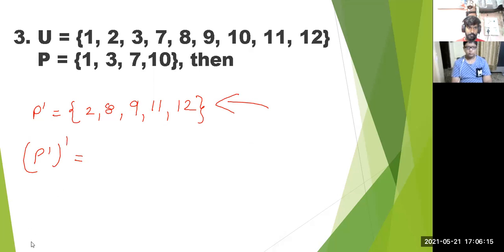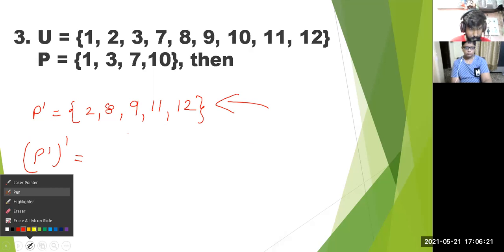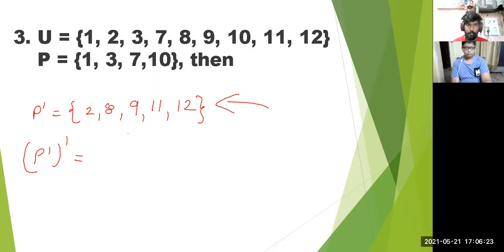I'll take a different color. So now let's take the complement of this set: 2, 8, 9, 11, and 12.